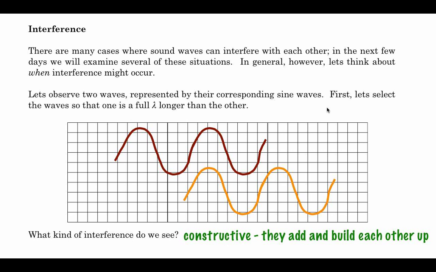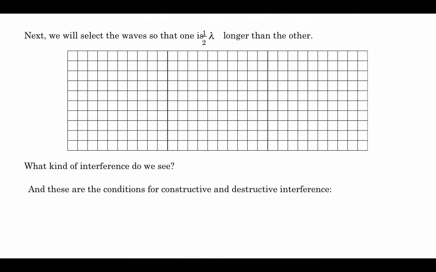Now, in contrast to this, let's consider 2 waves that are off not by a full lambda, but by 1/2 of a wavelength. So here's one of the waves, and here's the other wave. So now these are off by, you can see the phase difference here. One is just shifted by about 1/2 of a wavelength.